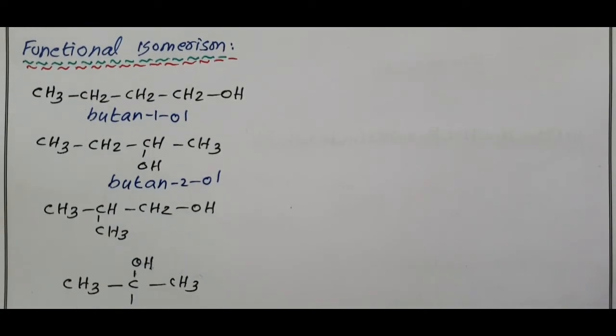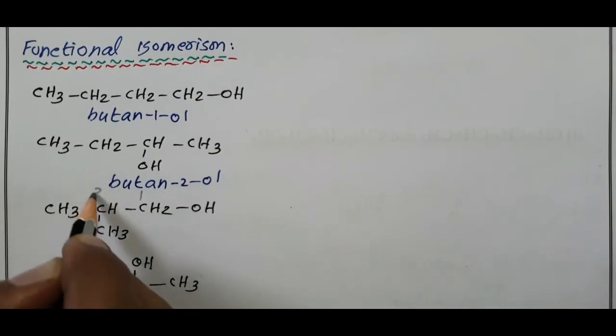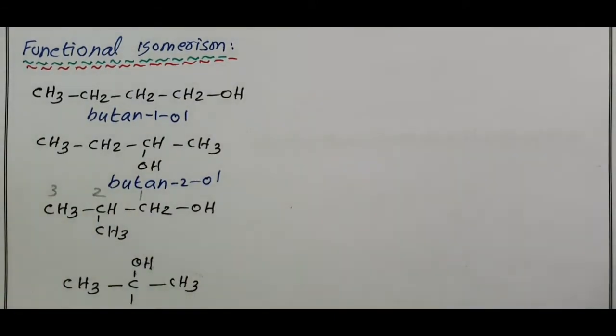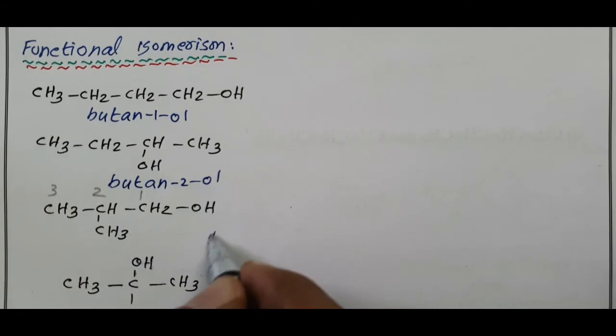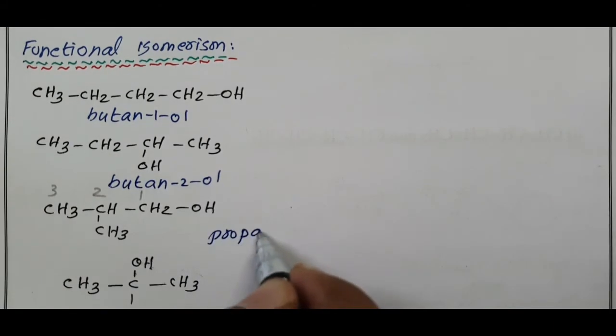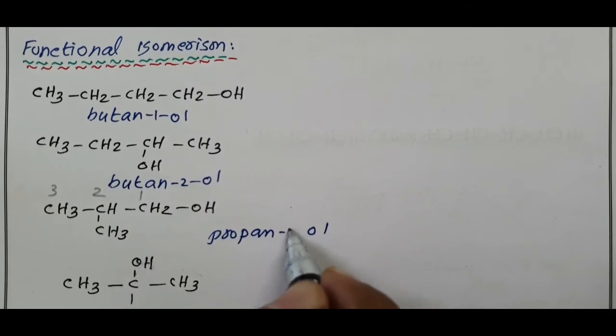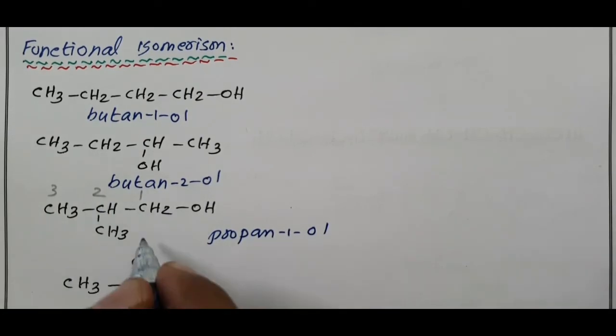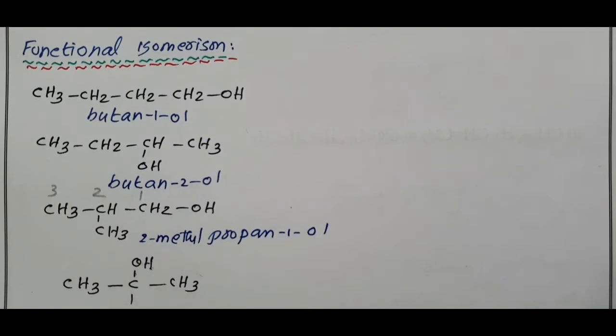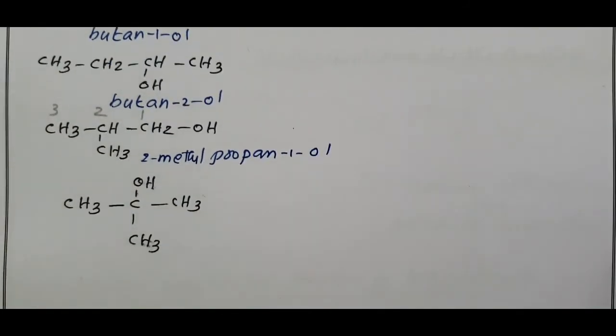Here also we have 3 carbon atoms in the main chain, OH lowest number: 1, 2, 3. How many carbon atoms? 3 carbon atoms in the main chain, prop, carbon single bond, ane, OH ol, position of OH 1. In the second carbon we have methyl: 2-methylpropan-1-ol.